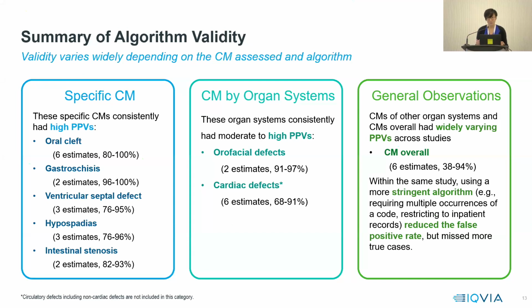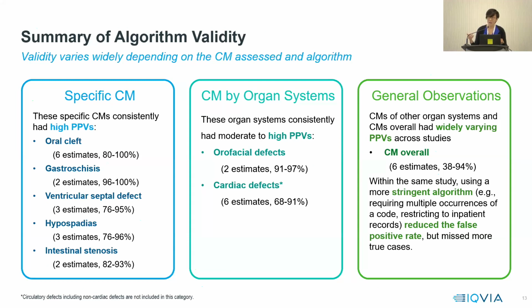And a general observation, which goes back to the point about fit to purpose, is that congenital malformation of other organ systems and overall had widely varying PPV across studies. For example, if you look at CM overall, you have 6 estimates that range between about 40% PPV to 95%.